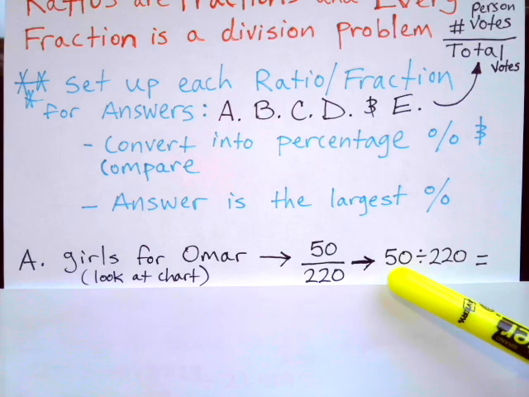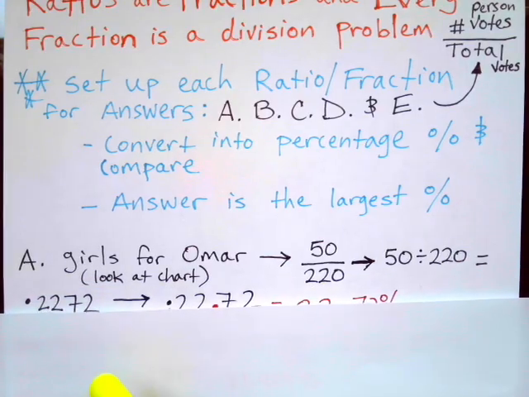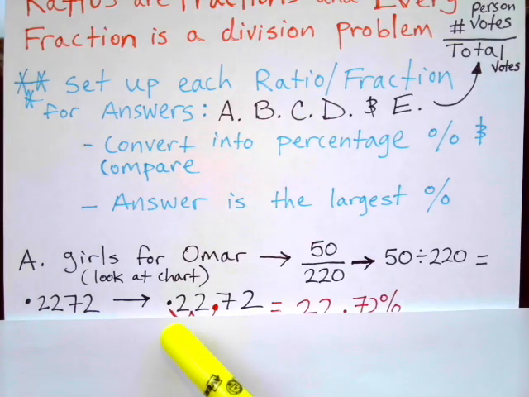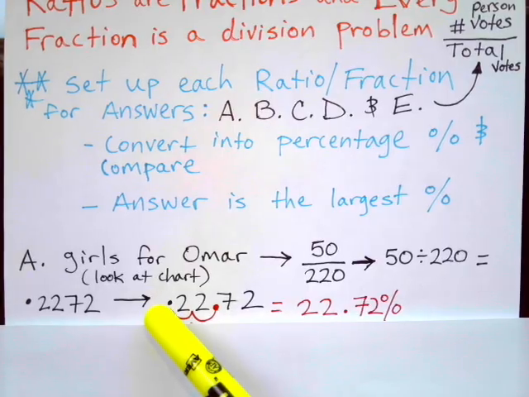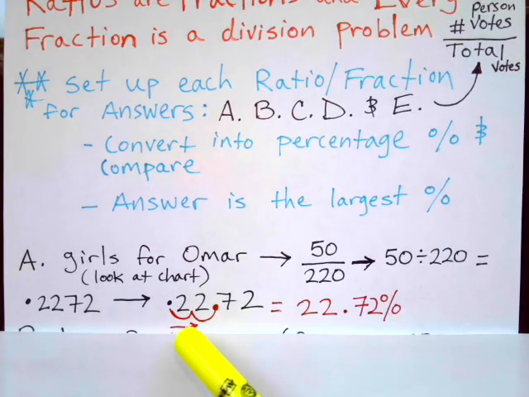So punch in 50, division symbol, 220, equals, and that will give you a decimal value of 0.2272. In order to change this decimal into a percent, you simply take that decimal and move it 2 places to the right. There's my little arrow, 2 places to the right.